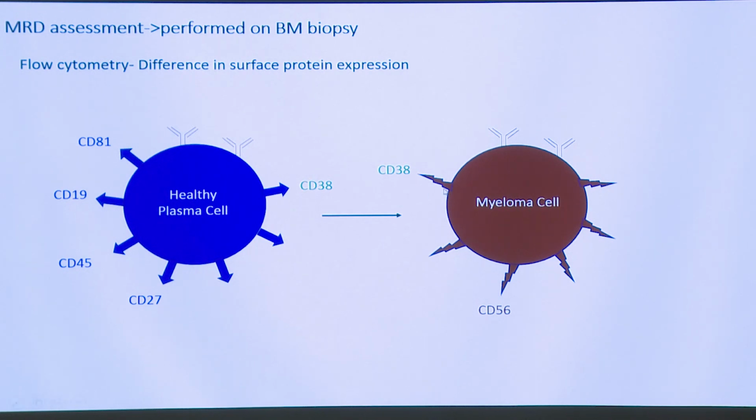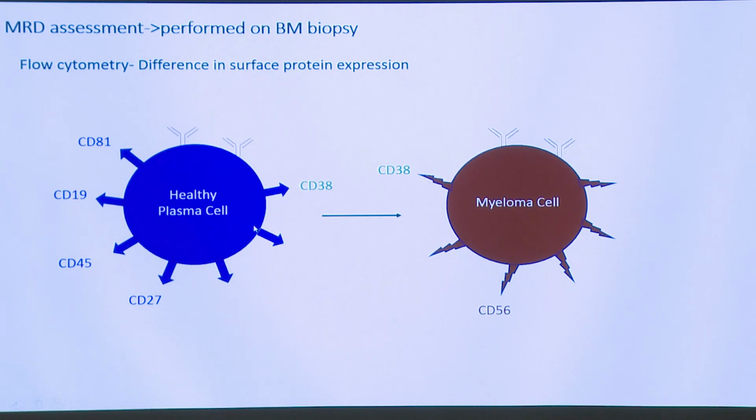So as you can see, both cell types express CD38. It's a very typical marker for myeloma and plasma cells. But then other markers are expressed on healthy plasma cells, but not on myeloma cells. And CD56 in this example is being expressed on myeloma cells, but not in healthy plasma cells.